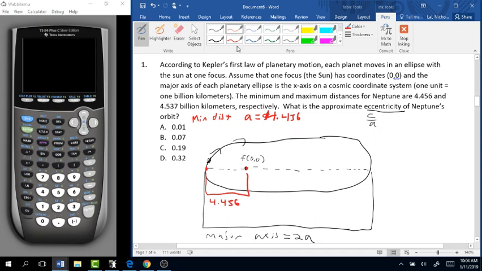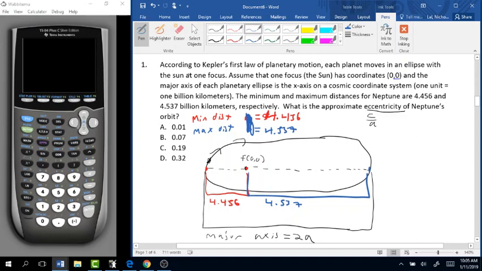And the maximum distance, B, we'll call it, well, actually, these are bad variables here. Just call the minimum distance 4.456, maximum distance 4.537. The maximum distance from the focus to the outside of the ellipse, I'm drawing that right there, is going to be equal to 4.537.